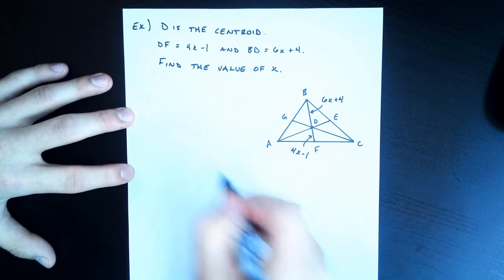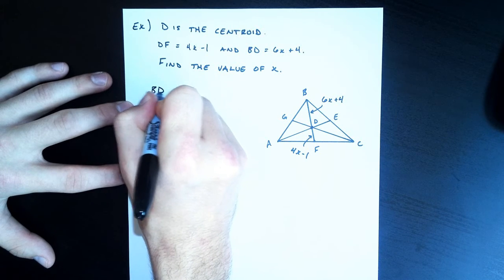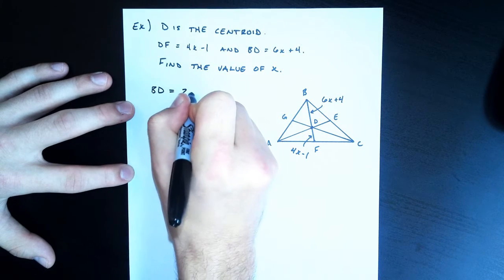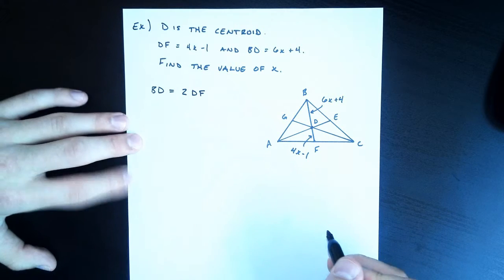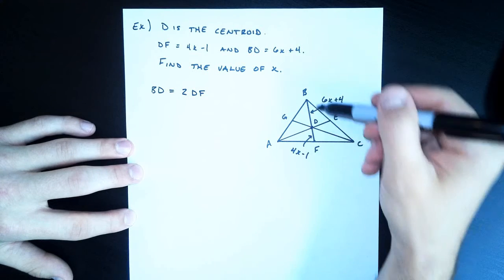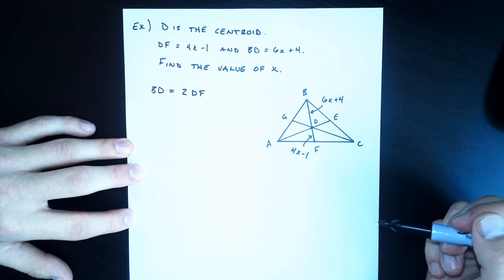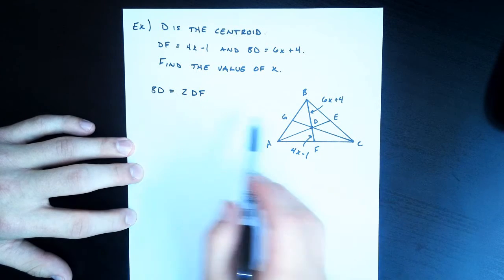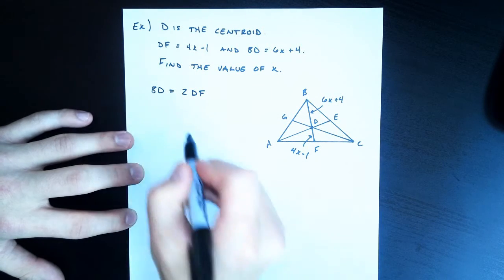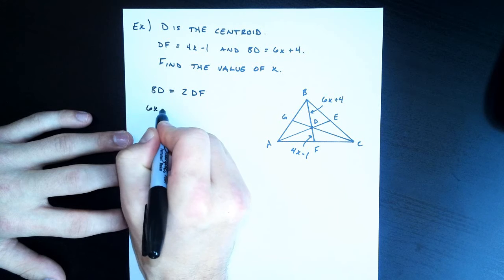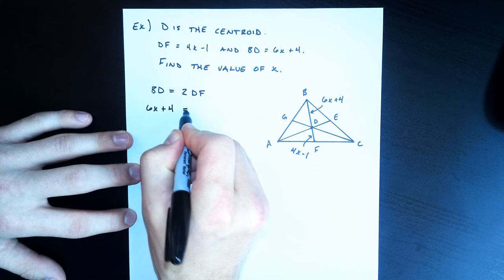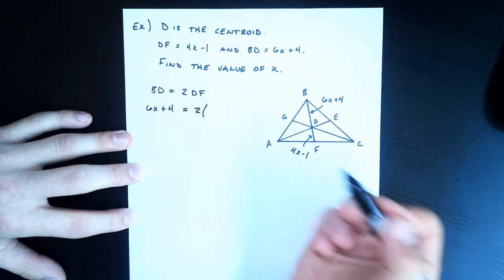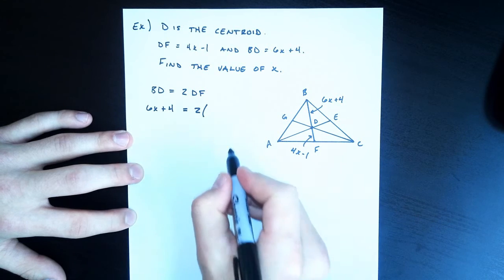So using the centroid theorem, we know that BD has to be twice as long as DF. This is 2/3 the length, that's the other 1/3. Now we can substitute in the expressions that we know. So BD, that's the 6x plus 4, and then 2 times DF, which is 4x minus 1.